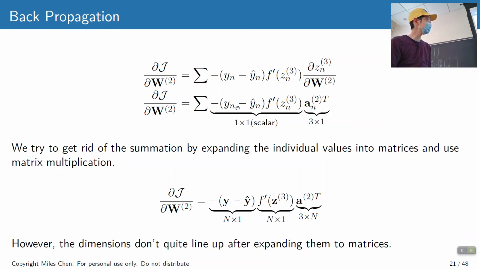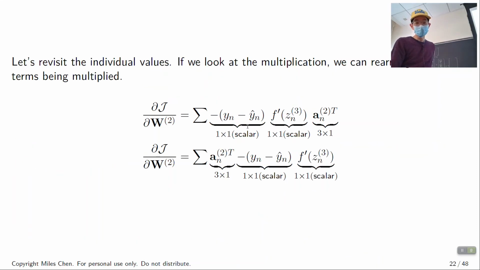Each value here gets multiplied by this value here. So what we're going to do is element-wise multiplication.